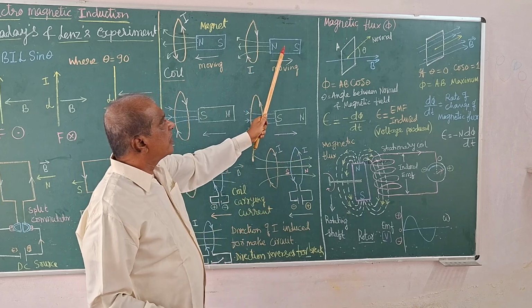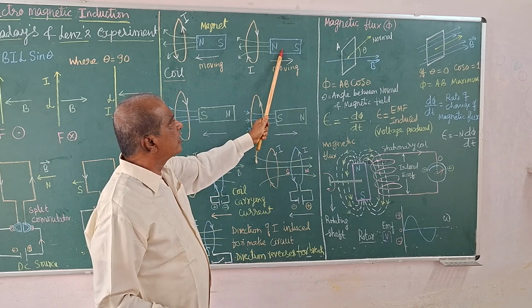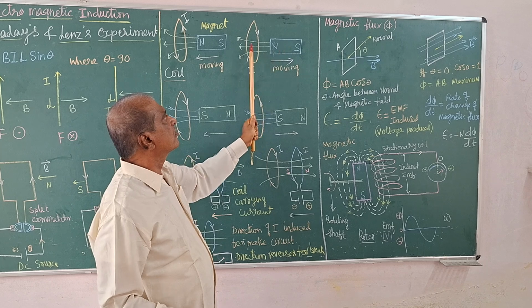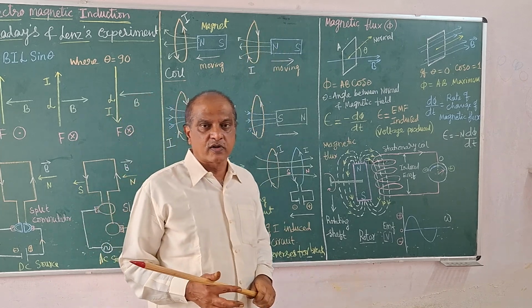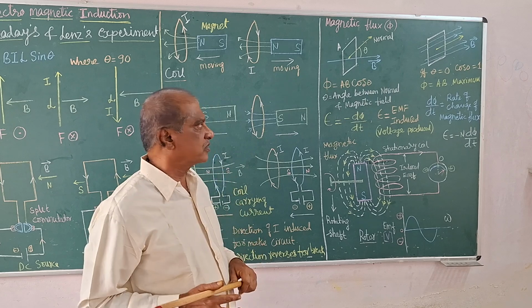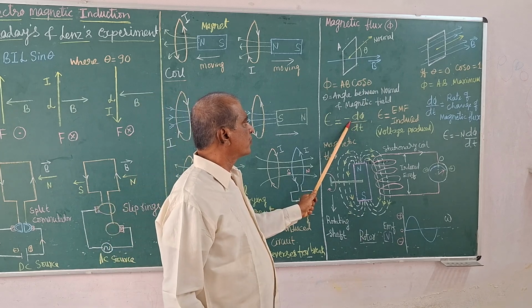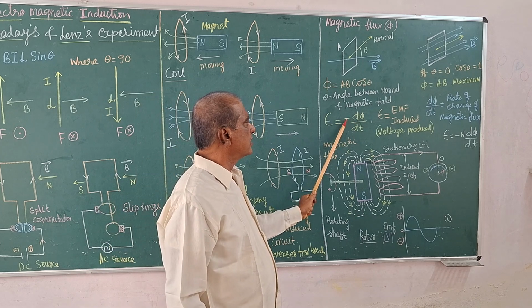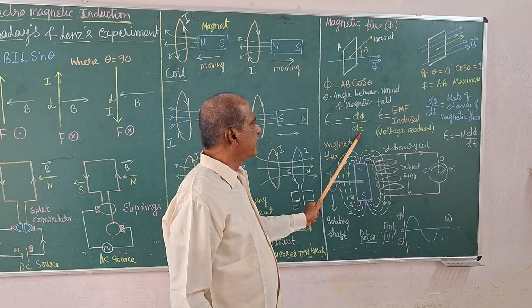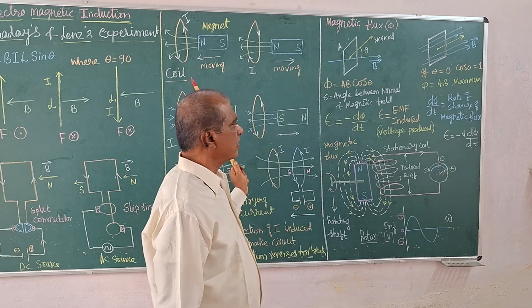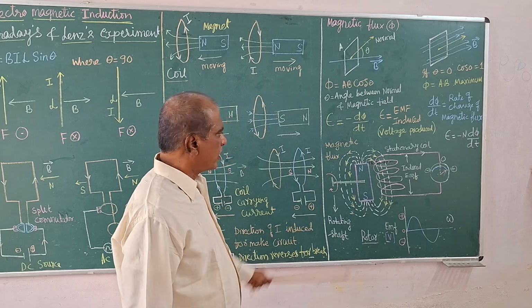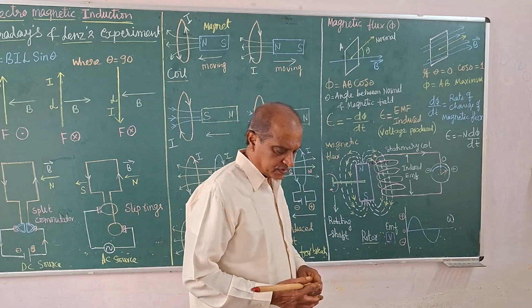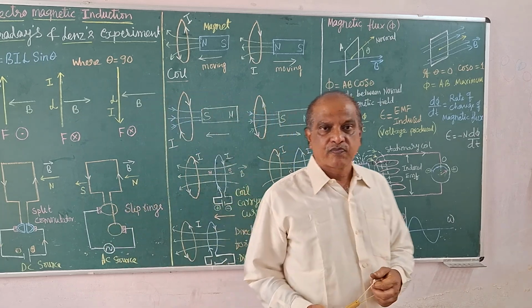That is why while the magnet is moving away, it is getting attracted because of induced current and induced magnetic field. That effect is always in the opposite direction. That is Lenz's law. Minus says that Lenz's law. d phi by dt says that Faraday's law. Induced voltage, induced EMF in the circuit, is because of this rate of change of magnetic flux.